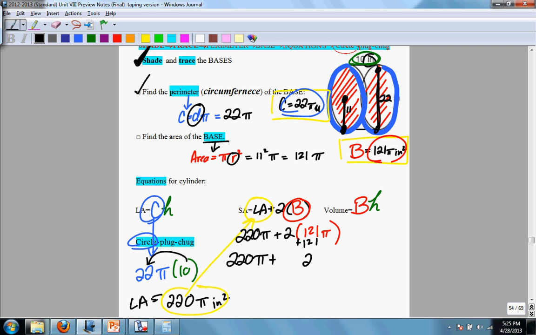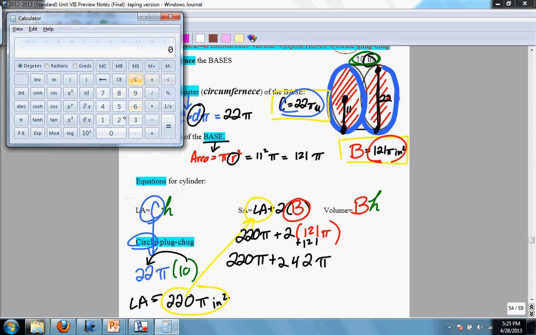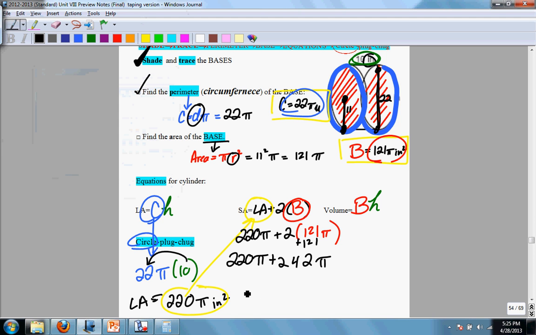That's 2, that's 4, that's 2. 242 pi. So 220 plus 242, we get 462. So our surface area is 462 pi inches squared. That's our surface area.